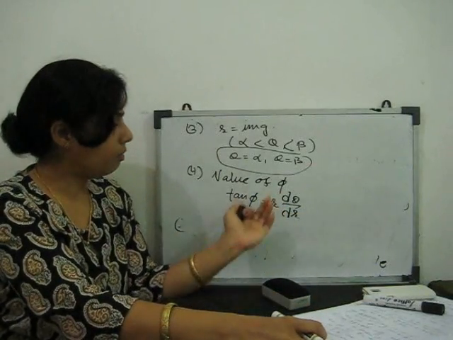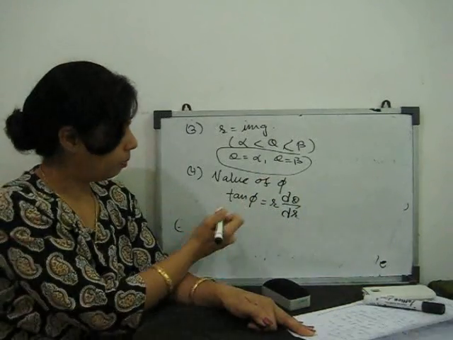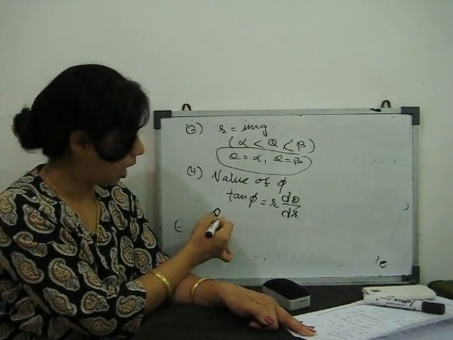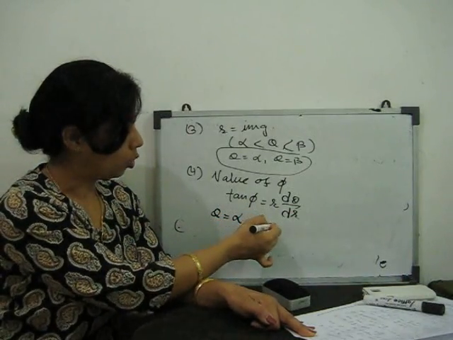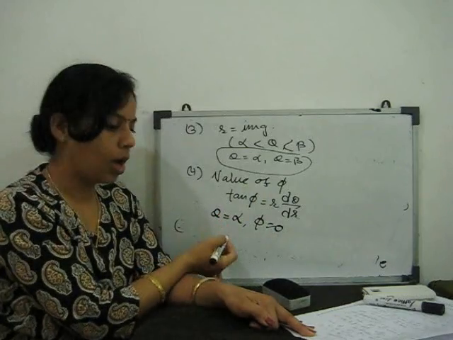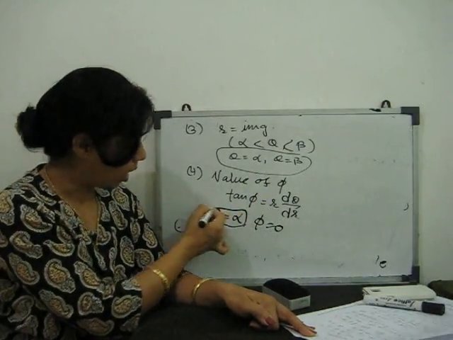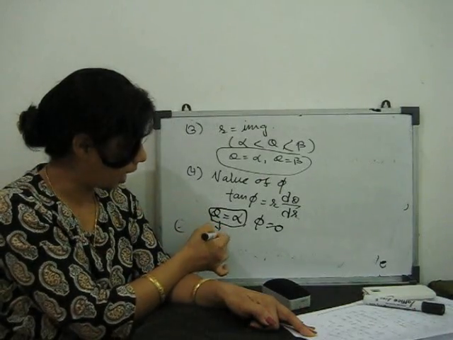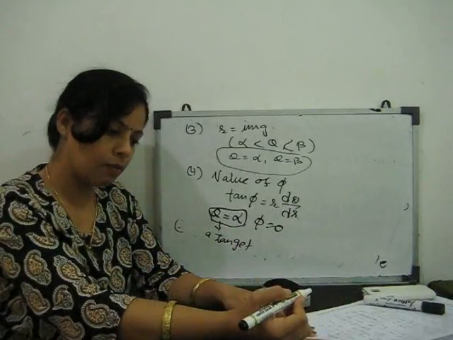If at any point theta equal to alpha gives phi equal to 0, it means theta equal to alpha is a tangent of that curve.